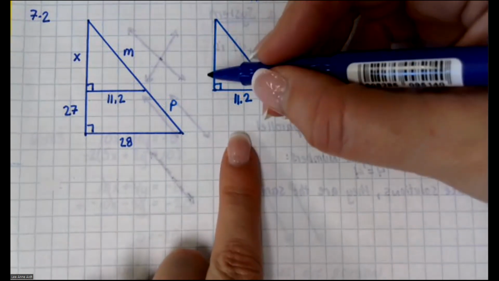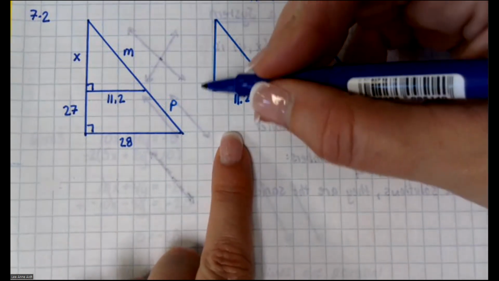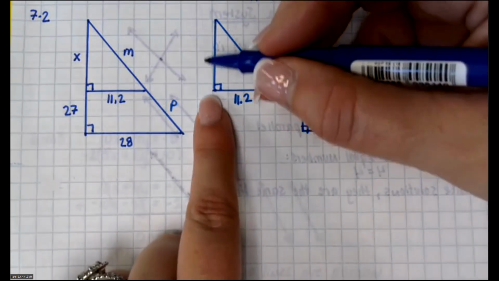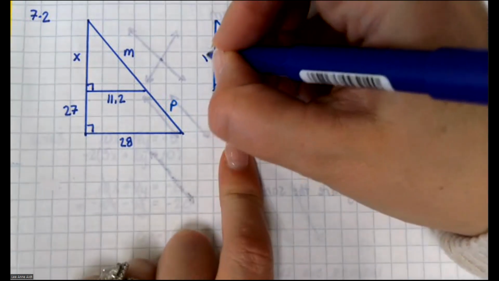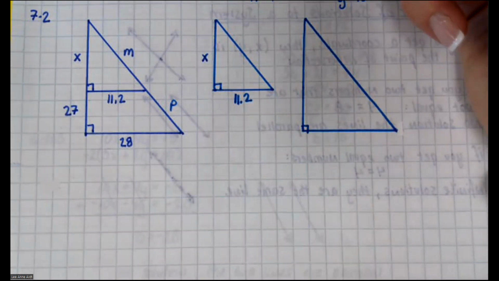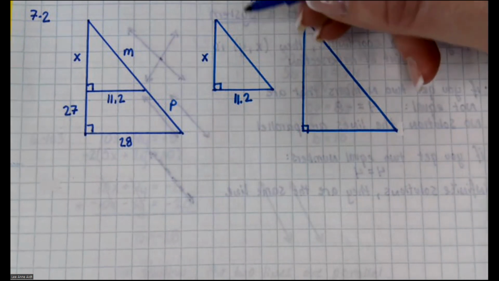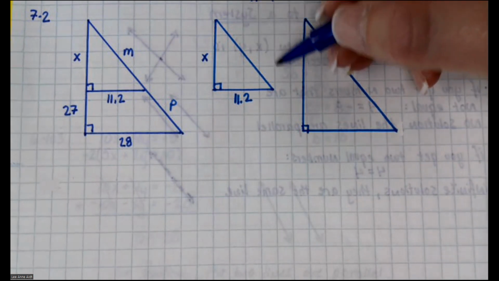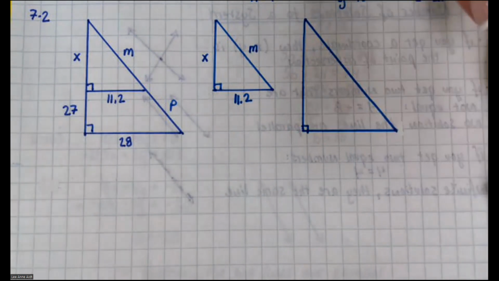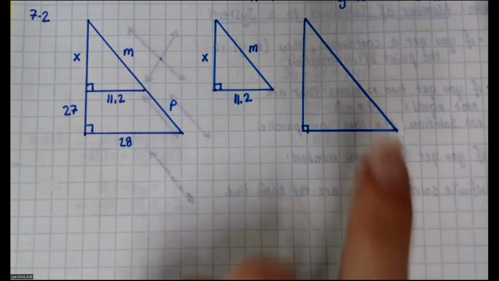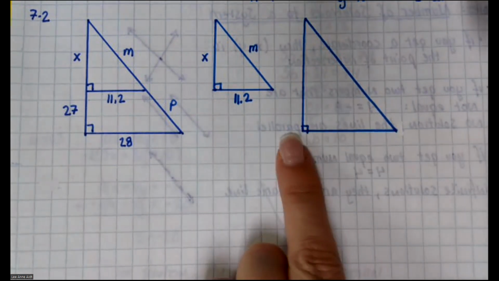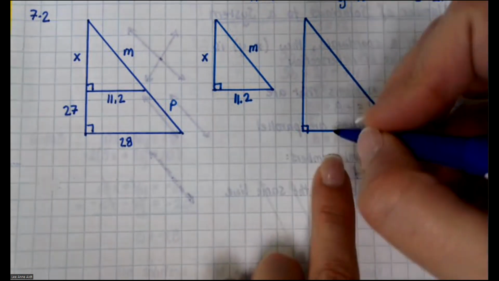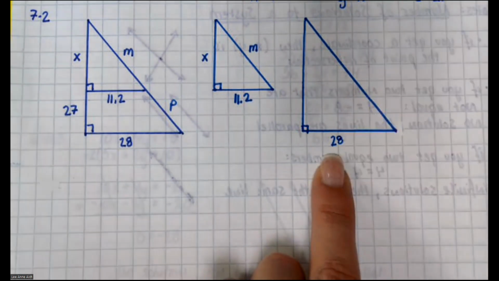Okay, how long is this little side right here? X. Okay, this is why we're doing this. Okay, how long is this side right here? M. Okay, now spicier question. Not so much right now, but how long is this bottom part right here? 28. Okay, now we're going to get to spicy questions.